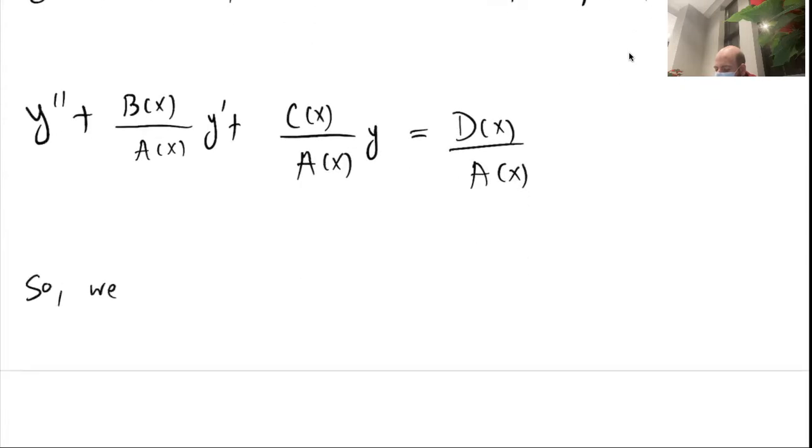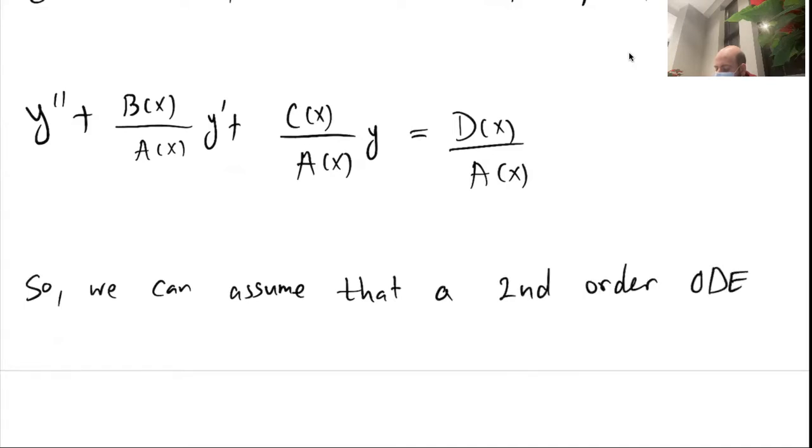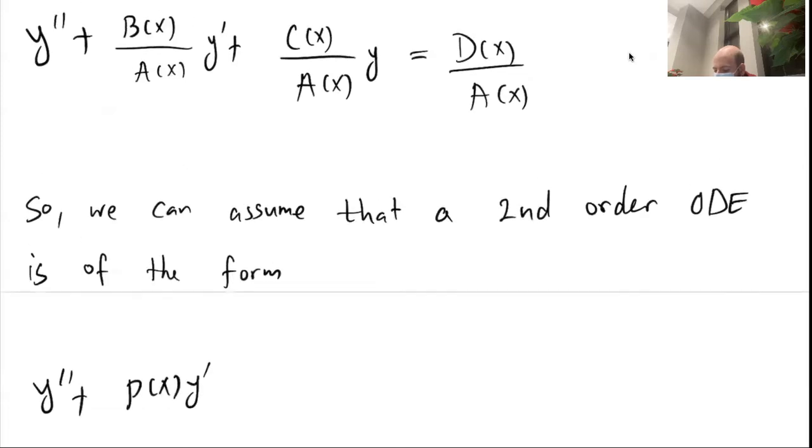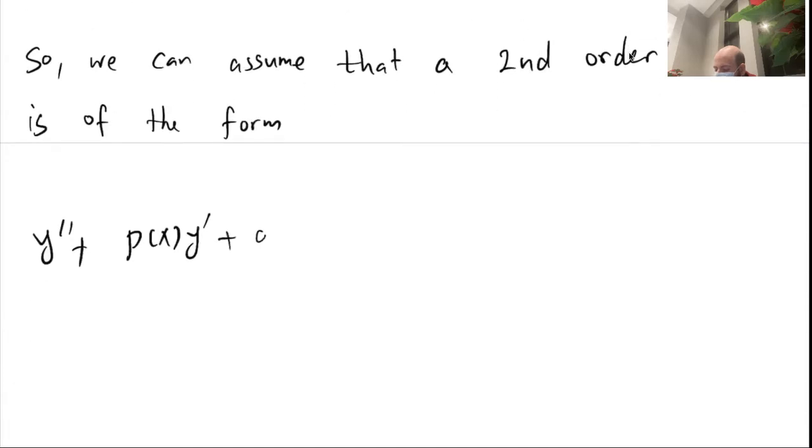So we can assume that a second order ODE is of the form y double prime plus p of x times y prime plus q of x times y equals f of x.